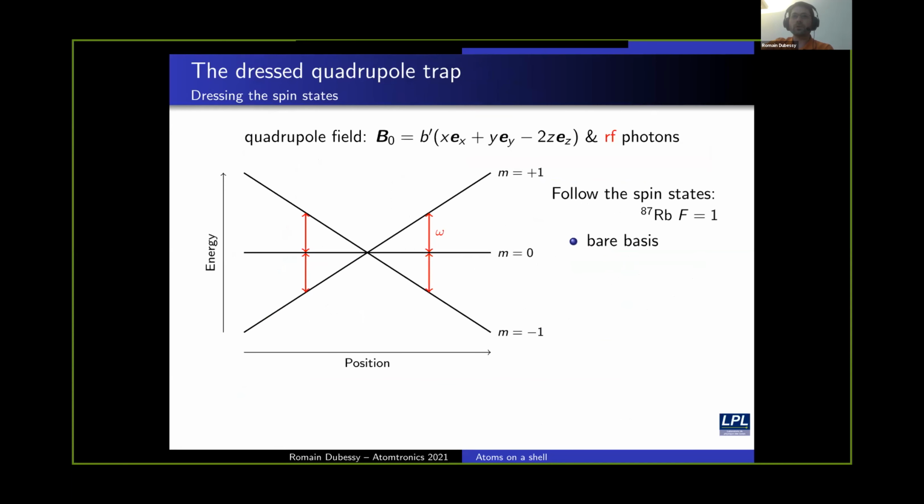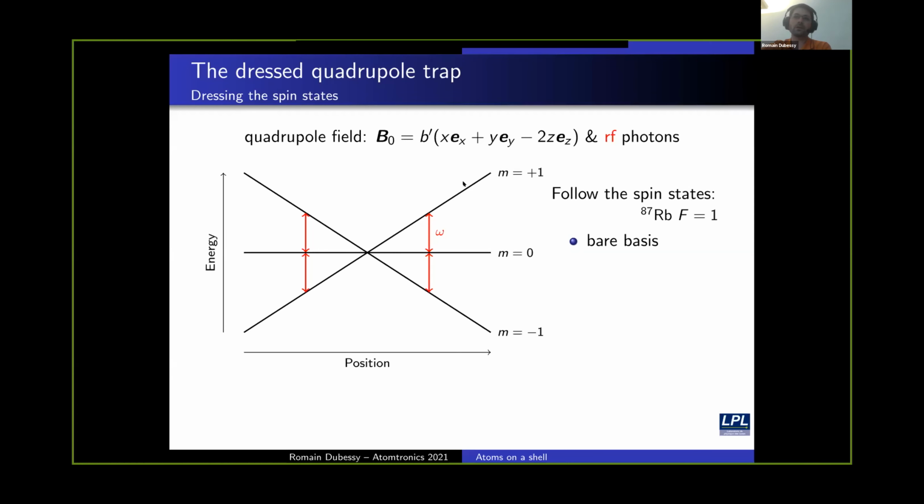So going back to the bubble state, the surface, we achieve this trapping by using a magnetic field. The important point here is that it's an inhomogeneous magnetic field, such that if we follow the spin state of our rubidium atom, in its ground state, it's a spin 1 atom, we have 3 energy levels whose energy depends on position with respect to the center of the trap in this way.